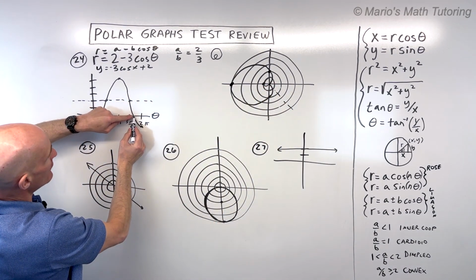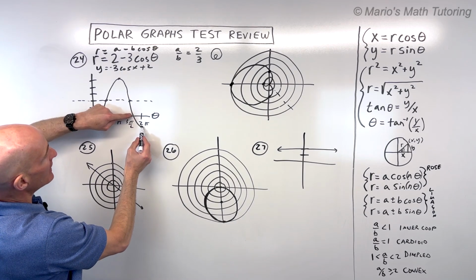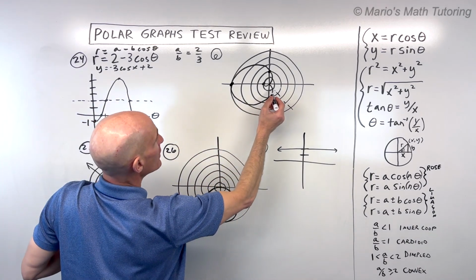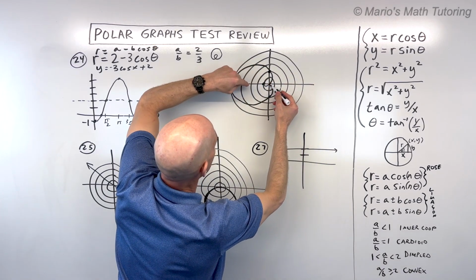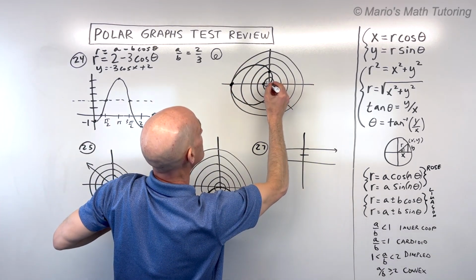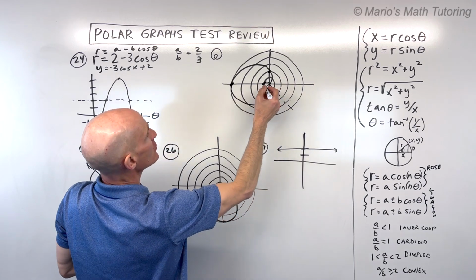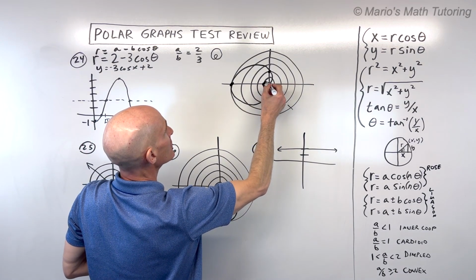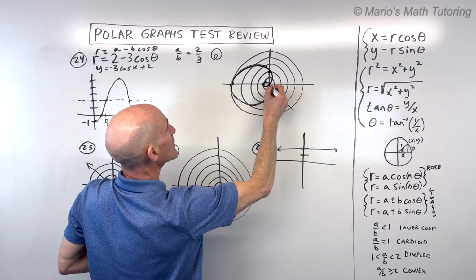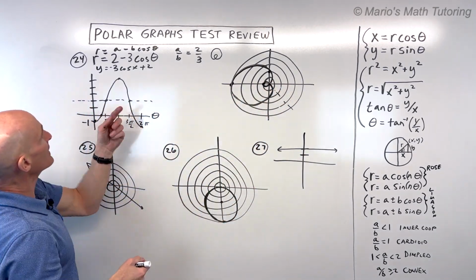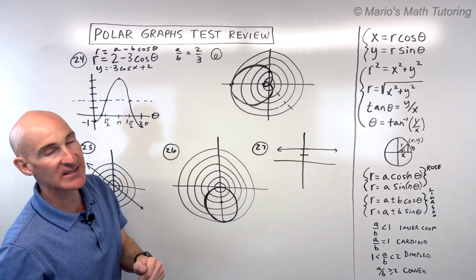Then from roughly 7 pi over 4 to 2 pi, the r value is negative, which means as we're turning towards 2 pi, instead of going out this way, we're going through the pole like that. So there's your inner loop. Let me see if I can make it a little bit darker so you can see it a little bit better. Like that. There's the inner loop. And again, cosine, reflection over that polar axis.